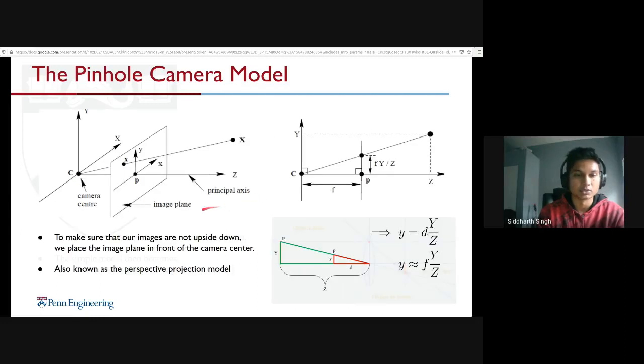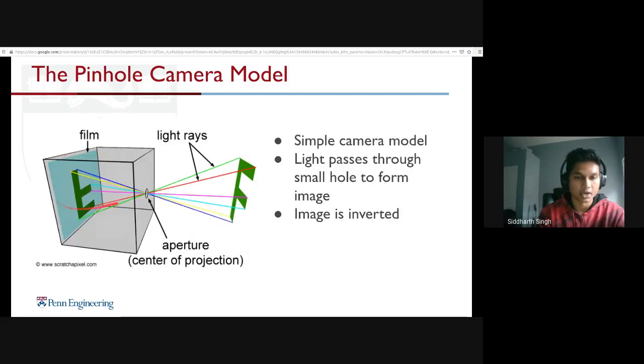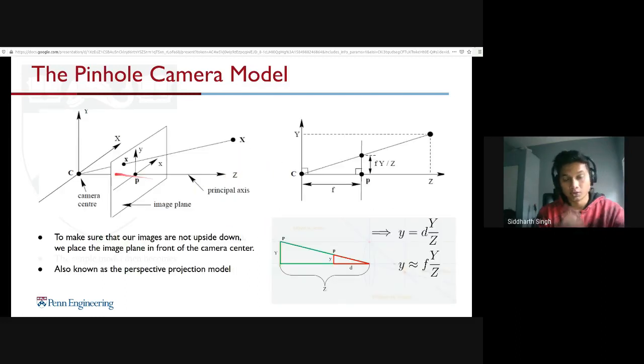So what we do is we place the image plane in front of the camera center instead of behind it. In a simple ideal pinhole camera model, there is this hole, the image plane is behind it, the object is in front of it. If we place the image plane in front of the camera center, we get an upright image. There's no inversion.